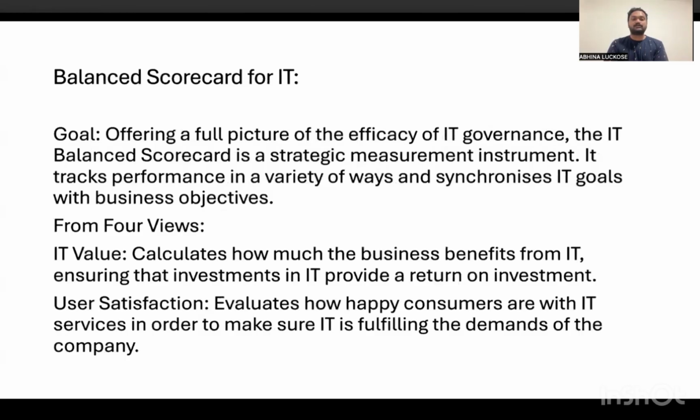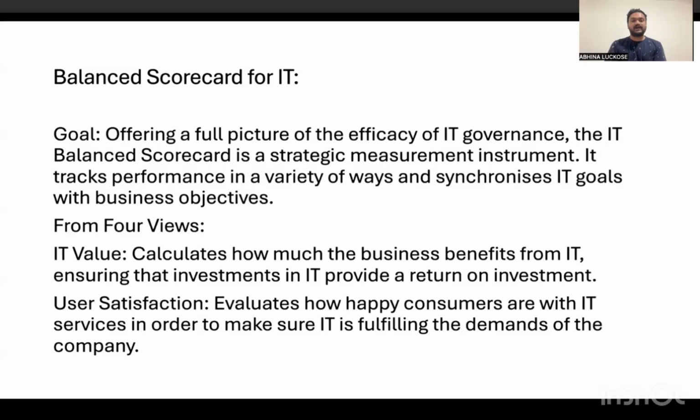Balanced scorecard of IT. The first and foremost goal is offering a full picture of the efficacy of IT governance. The IT Balanced Scorecard is a strategic measurement instrument. It tracks performance in a variety of IT goals along with business objectives.